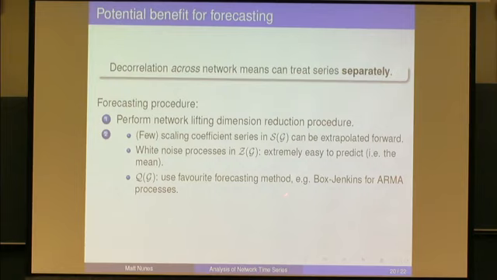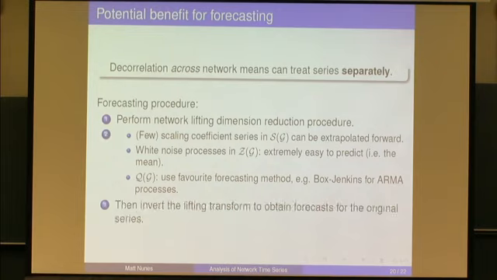And for the remaining ones, you use your favorite forecasting method of choice. And then, as I said, we invert the series back into the time domain to see what's going on. So you're simplifying your whole time series, doing whatever forecasting you want, and then inverting it back to get your time domain forecasts.